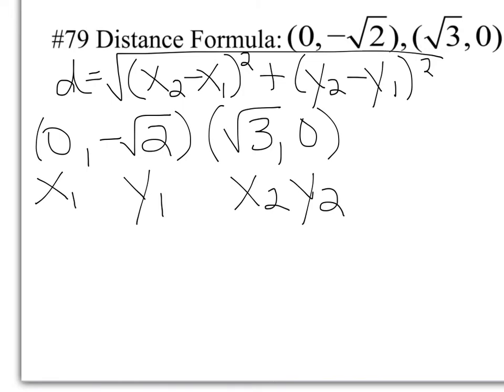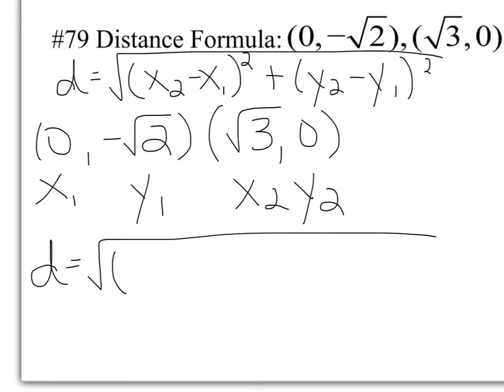So when I go to plug in, I'm going to say the distance equals the square root. The first thing I want is x2, right? And where is x2? x2 is right here. So the first thing I want is the square root of 3. Minus x1, right? So here's x1, it's 0. Squared plus, next I want y2.